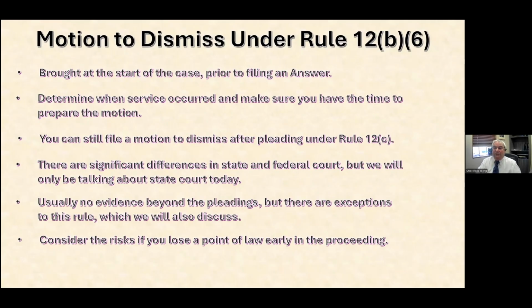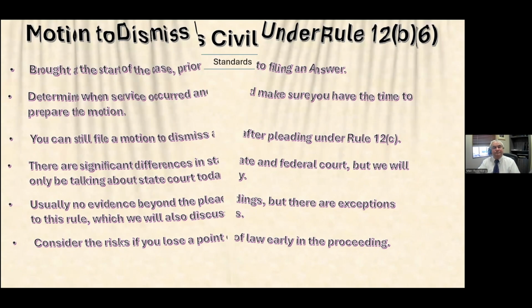You basically want to consider the risks, because sometimes if you're asking the court early on to decide a point of law, you don't want the court to come out against you too early before you've had a chance to present sufficient evidence. But in some things, for example, where there's statute of limitations that's clear from the face of the complaint, you can bring a 12C motion without too much risk of that happening.